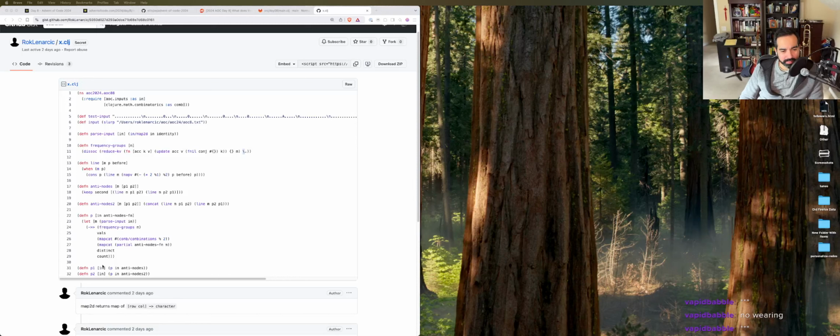Wait, how does this work? P in antinodes. P in antinodes too. P. Combos. So, I mean, I guess this is roughly the same what we did with the sets. And then antinodes fun. So antinodes keeps the second of the things on the line.